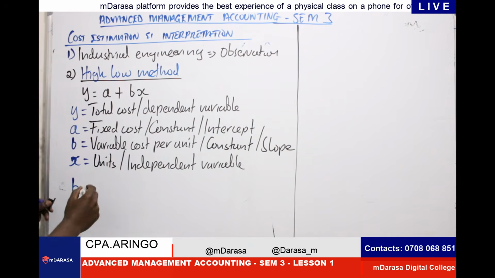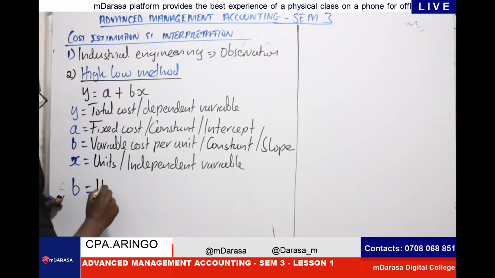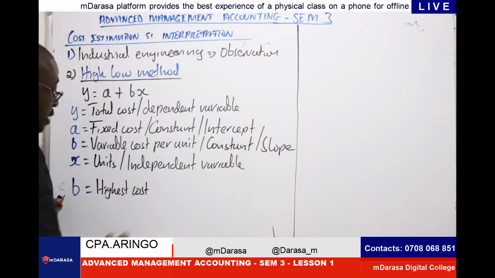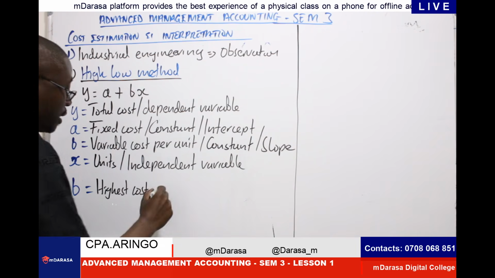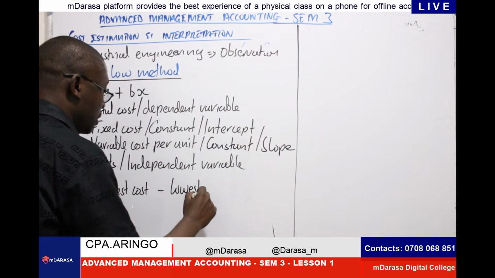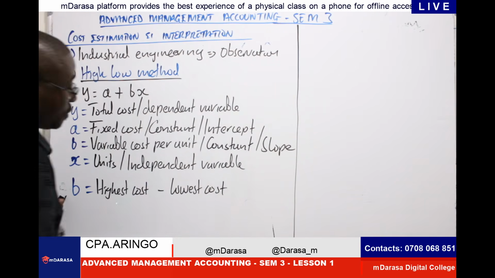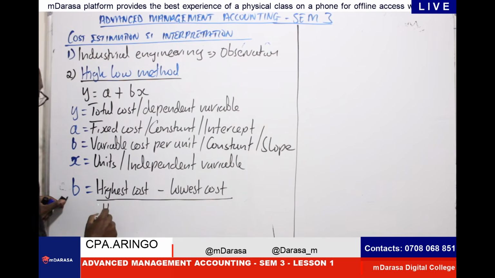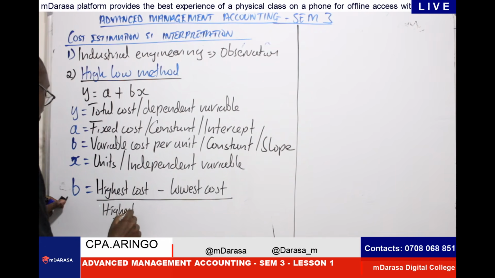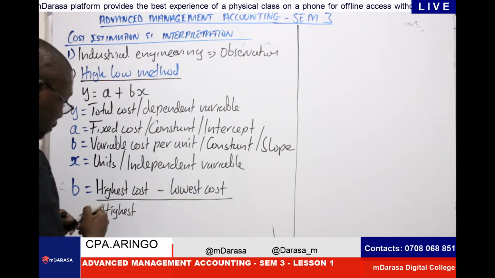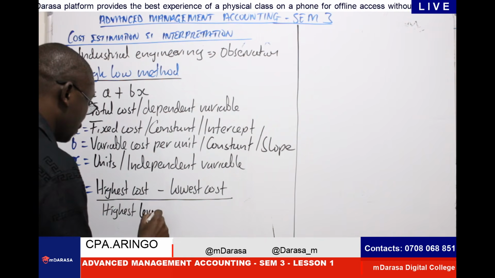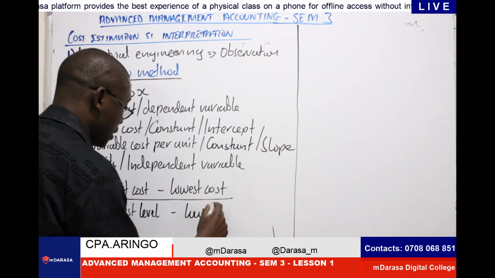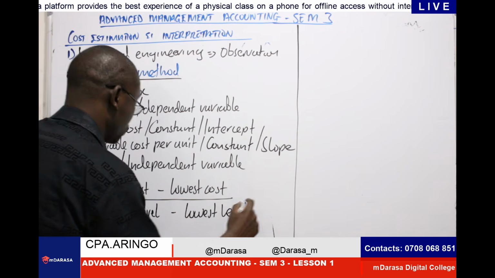The value of B, you take the highest cost of the activity minus the lowest cost of the activity. We are going to divide all this by the highest level of activity in terms of production, less the lowest level in terms of production.